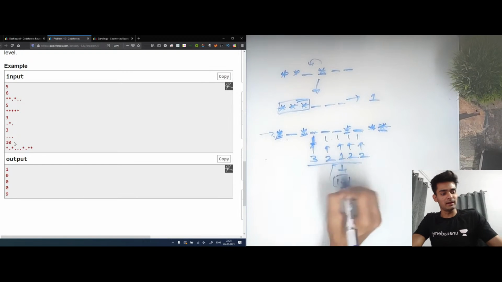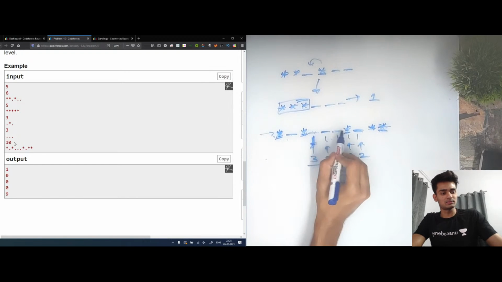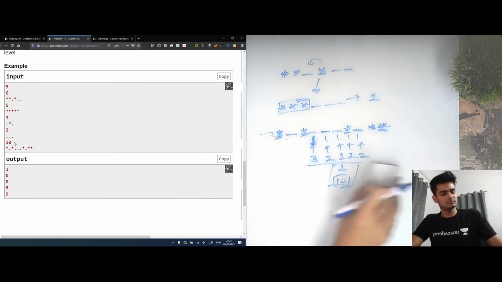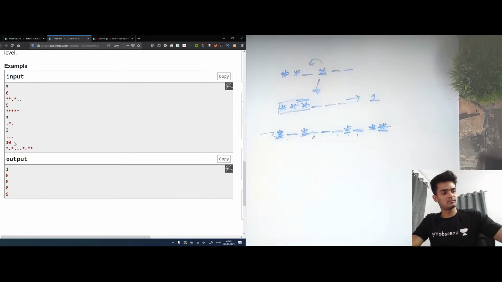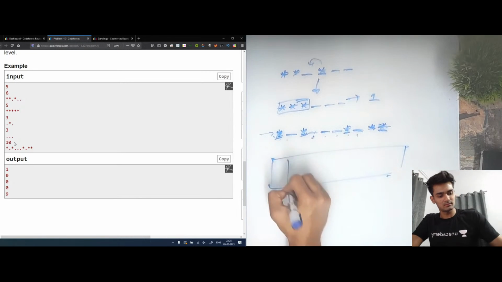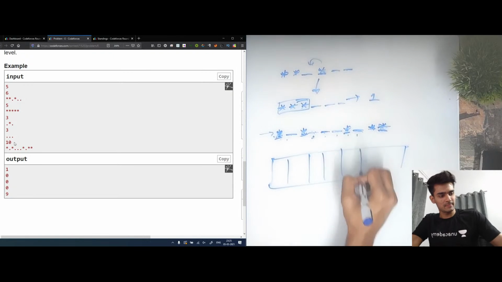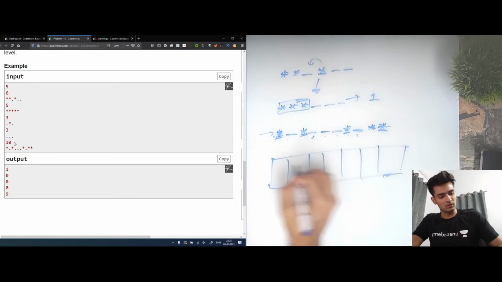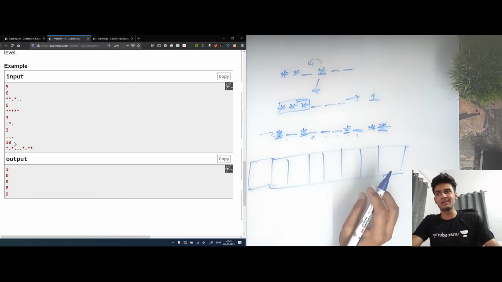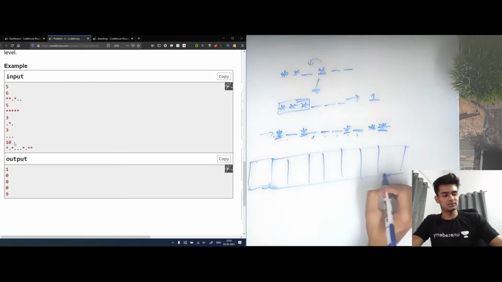Now, how do we find the optimum value? Let's say we had an array, and at random places we had all our sheep.